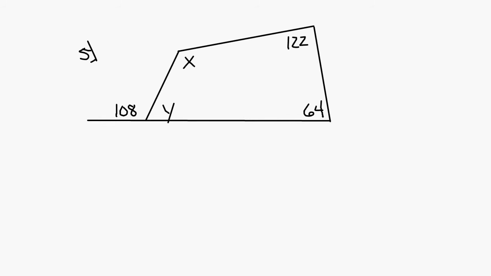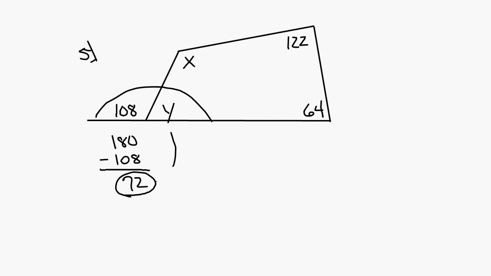I would find the value of y first because it's the simplest. These two angles form a linear pair. So if you take 180 and subtract 108, there should be 72 degrees left. So y is equal to 72.